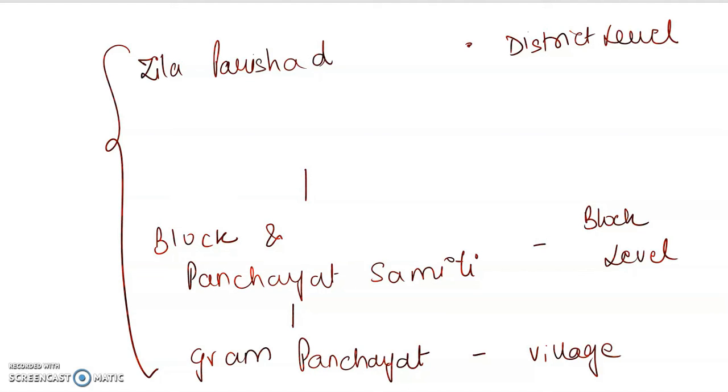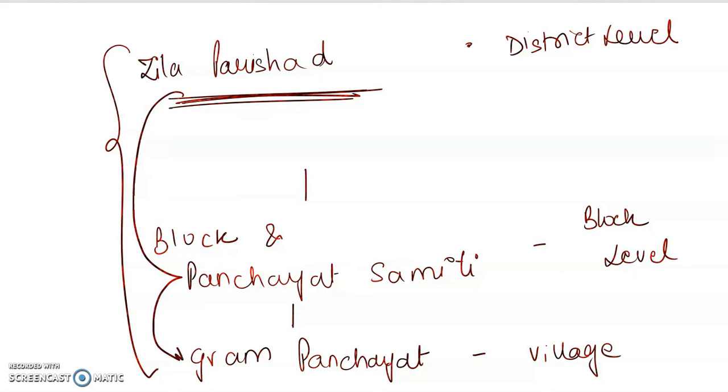But overall, the Zilla Parishad makes the development plans at the district level. And with the help of Panchayat Samiti, it tells how much money is going to go to the Gram Panchayat and how they're going to make the best use of it. Right, guys?